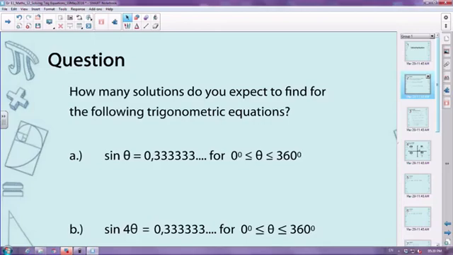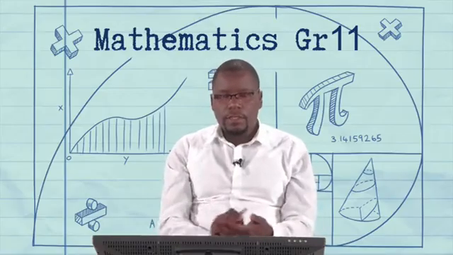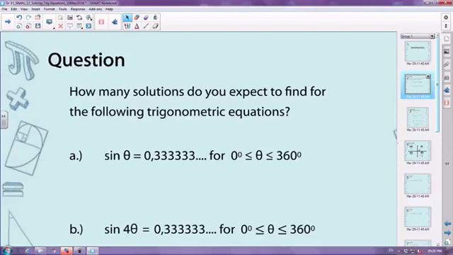Sine theta equals 0.333 for theta between 0 degrees and 360. And then the other one, please take it down: sine 4 theta equals 0.3333 from 0 to 360 degrees. Just take a second to take this down and then we do our session.